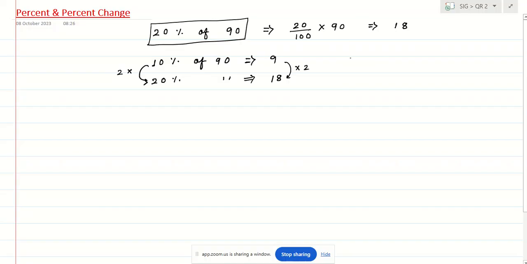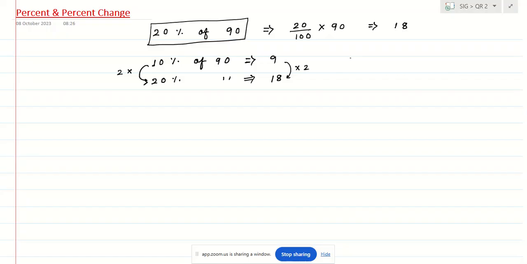Similarly, let's say I want to find the 30% of 90. 3 times 9, 27. 40% of 90, 36. 50% of 90, 45. 60% of 90, how much will we get? 54. 80% of 90, 72. 90% of 90, 81.